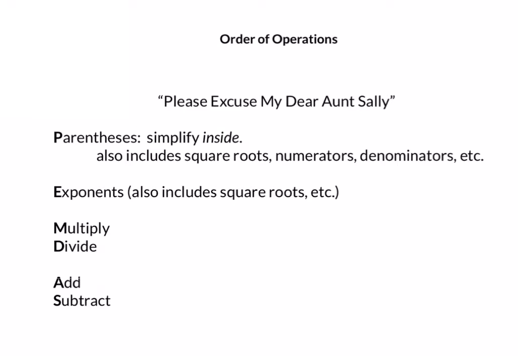We're going to take the first letter of each word here, and it stands for something mathematical. So the P stands for parentheses. And when we talk about parentheses, what we mean is simplify inside.